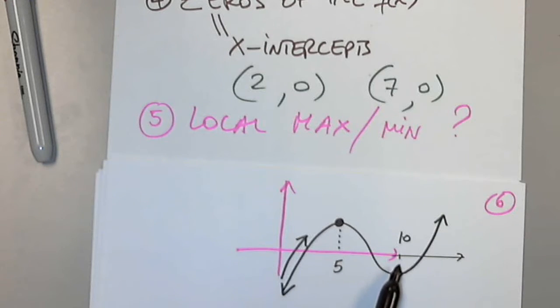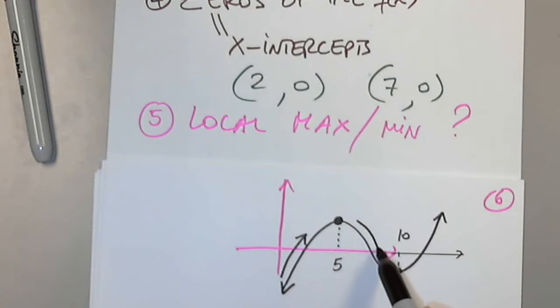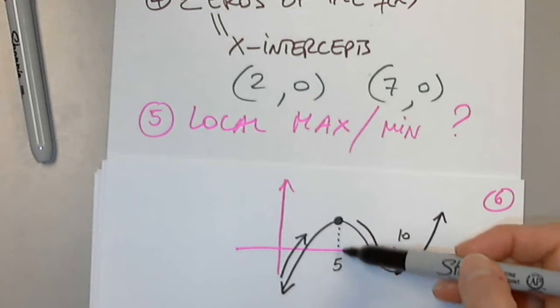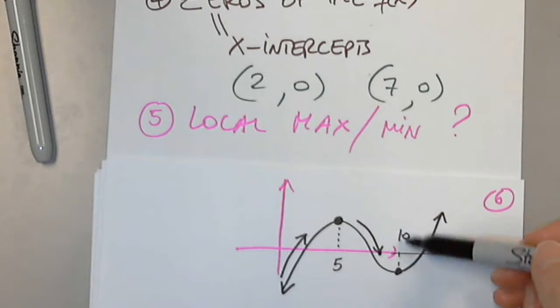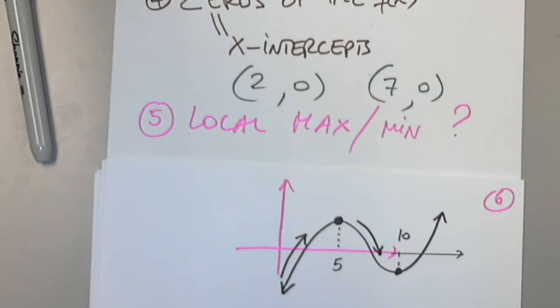Between 5 and 10, would you agree that the trend of this function is decreasing? From some value to some value, I don't care. But between x equals 5 and x equals 10, obviously the function is decreasing. Would you agree? So now from 10 to infinity, would you agree that the trend of this function is to increase its values? Very good.